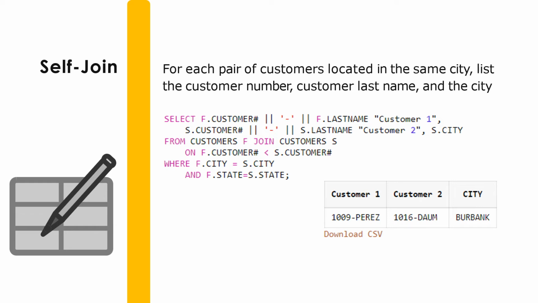As we can see in our join condition, we are joining them using a less than sign, but a greater than sign will also work. We are not using a not equal because if we use a not equal, we will just be getting the same pair, but just interchanged.